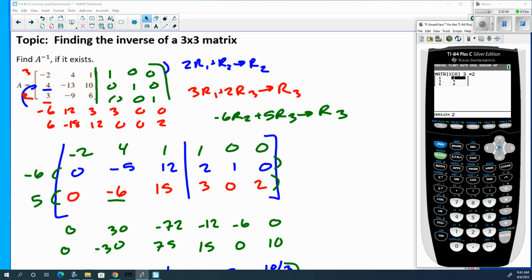My matrix A was a 3 by 3 matrix, 3 rows by 3 columns. And then you just type in the numbers of the matrix. Oh, come on, calculator, work for me.